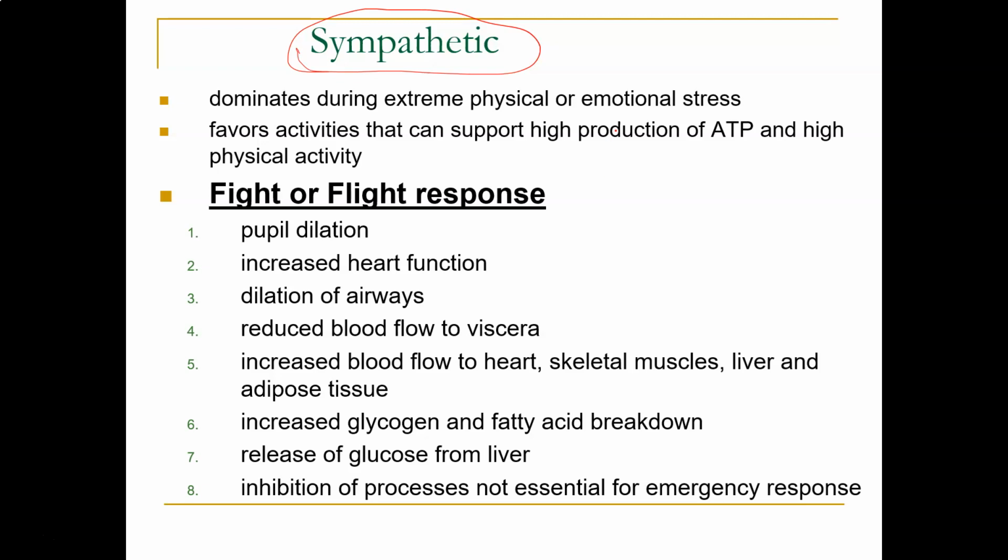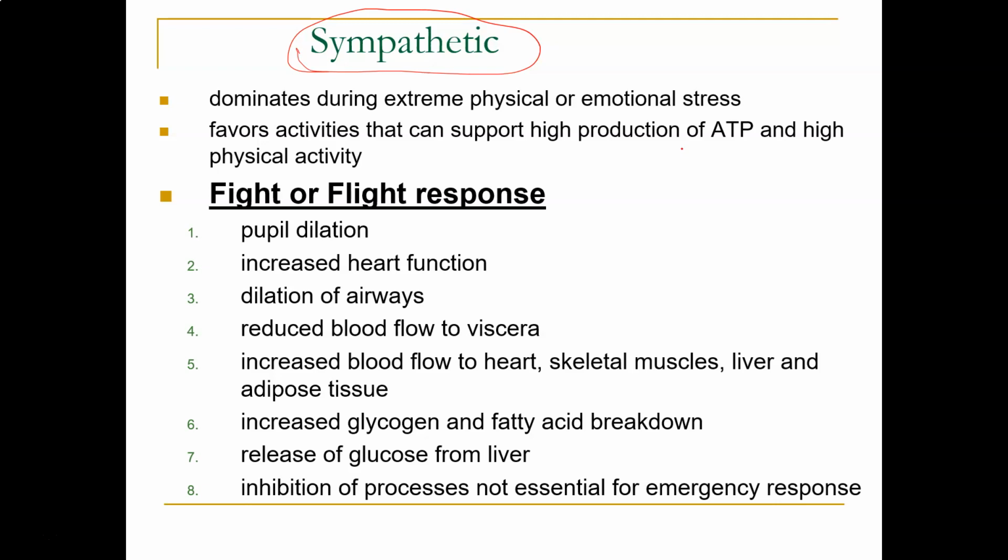When you're in an extreme physical or psychological stressful situation, you send sympathetic action potentials down all your sympathetic motor neurons. It's like a mass activation of your sympathetic nervous system.